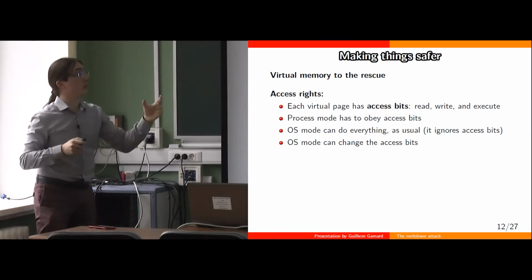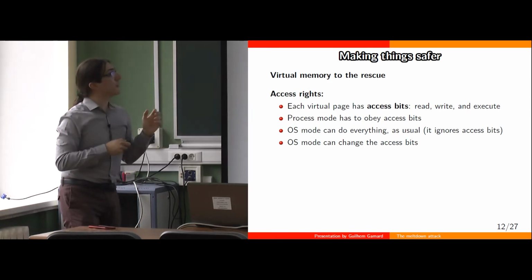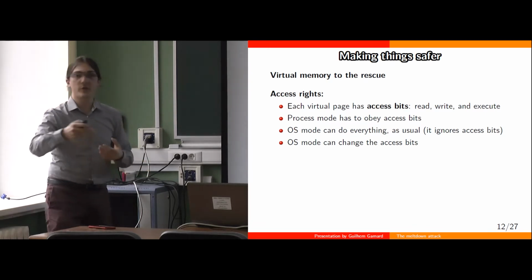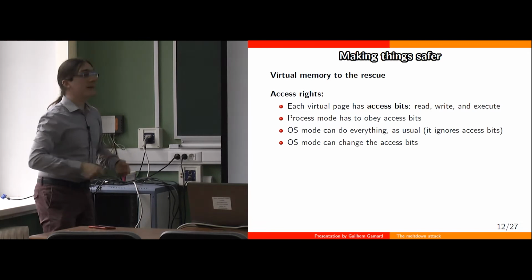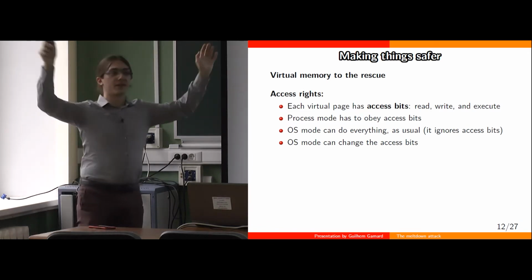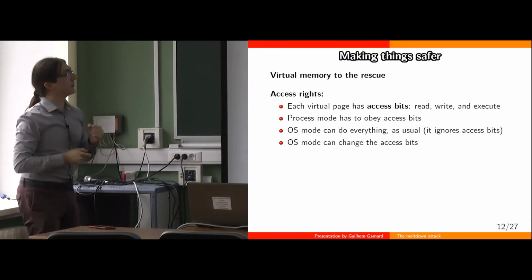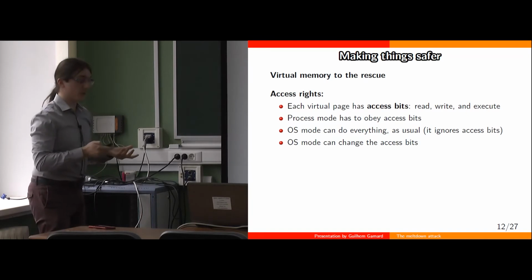Of course, whenever I refer to code, I refer to code written in machine language. So when you're in process mode, you have to obey these access bits. You cannot read a page which has a read bit set to 0. Operating system can do whatever it wants. It's the boss, so it can do whatever. It can also change the access bits the same way it can change the memory mapping.